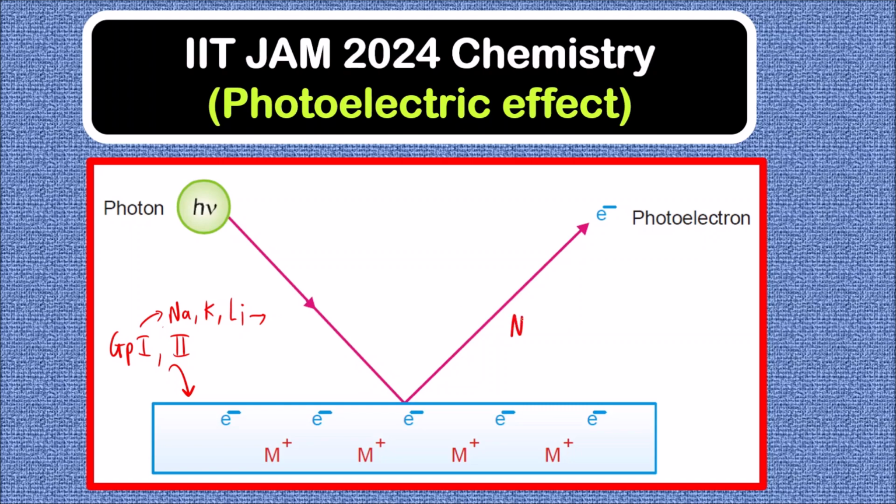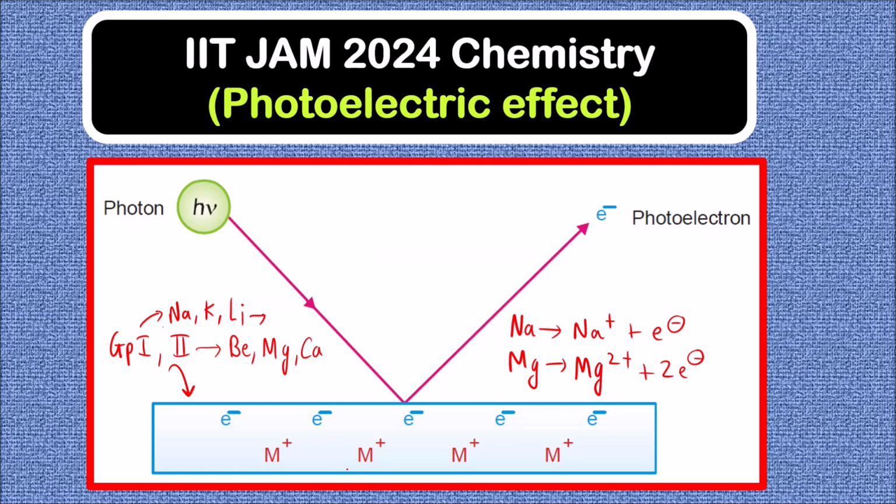Sodium can lose one electron and form sodium plus and an electron. Or if we talk about group 2, beryllium, magnesium, calcium, strontium, for example magnesium loses 2 electrons to form Mg2+ and 2 electrons.